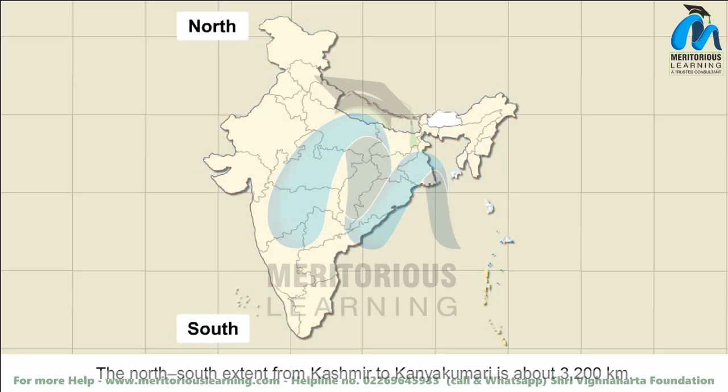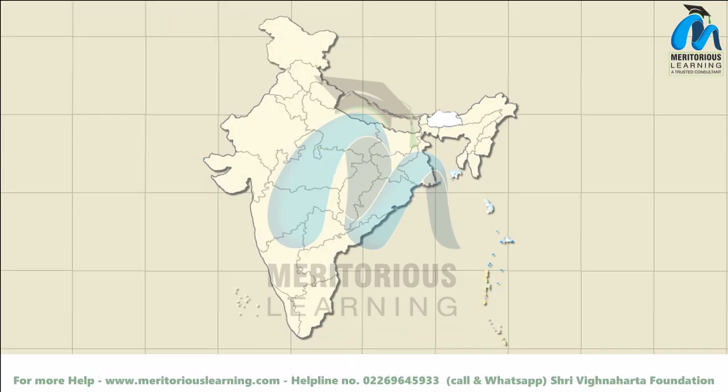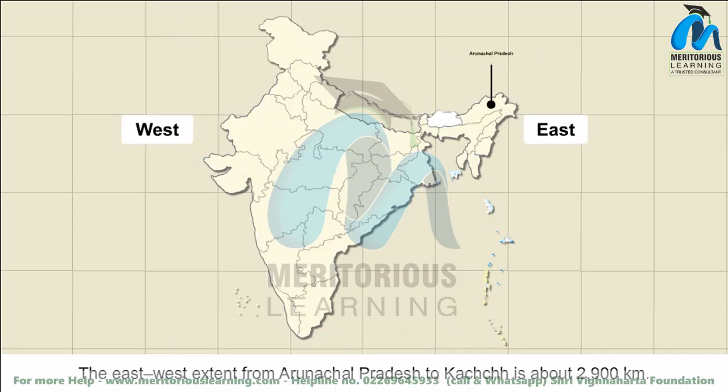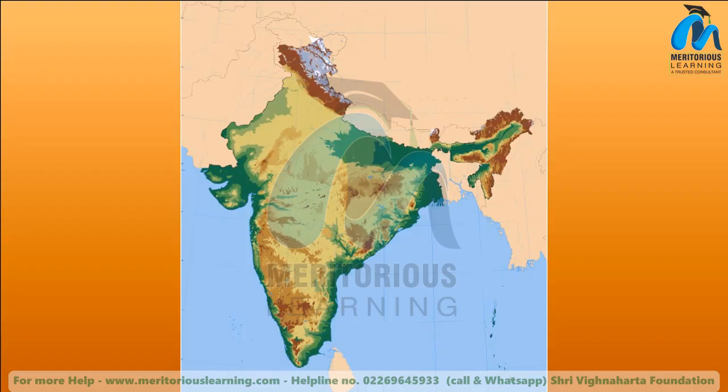The north-south extent from Kashmir to Kanyakumari is about 3,200 km. The east-west extent from Arunachal Pradesh to Kutch is about 2,900 km. India has a diversity of landforms.